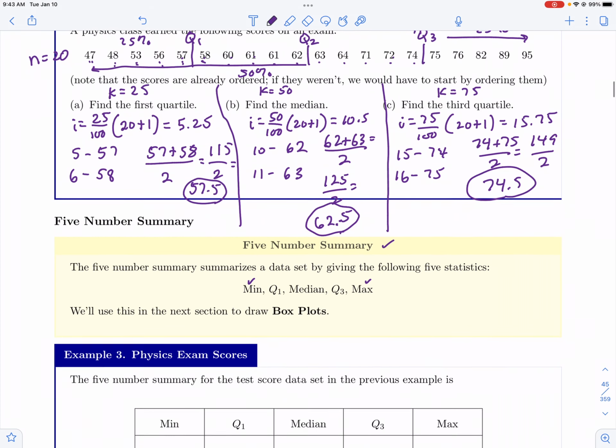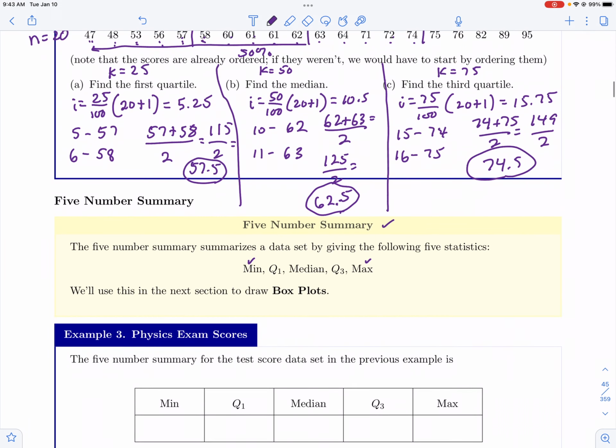All right, so let me just summarize what we've done here in example 3. What we want to do is actually just list our 5-number summary. So we've already done the Q1, the median, and the Q3. So we just have to drop those in here. So 57.5, 62.5, and 74.5.